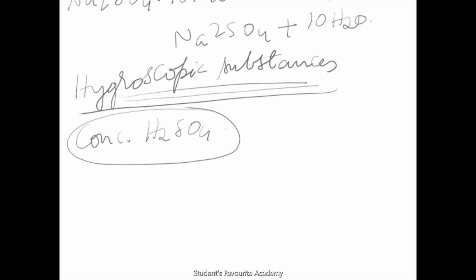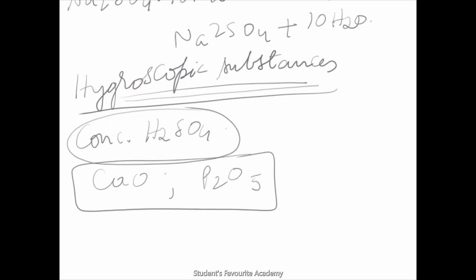What is this property? They absorb the moisture in the air or whichever gas is in their contact, they absorb any moisture that is present in them. At that time only you learnt that quicklime, CaO, and phosphorus pentoxide, in the hydrogen chloride lesson only, you have learnt that these two drying agents are not used to dry the hydrogen chloride gas.